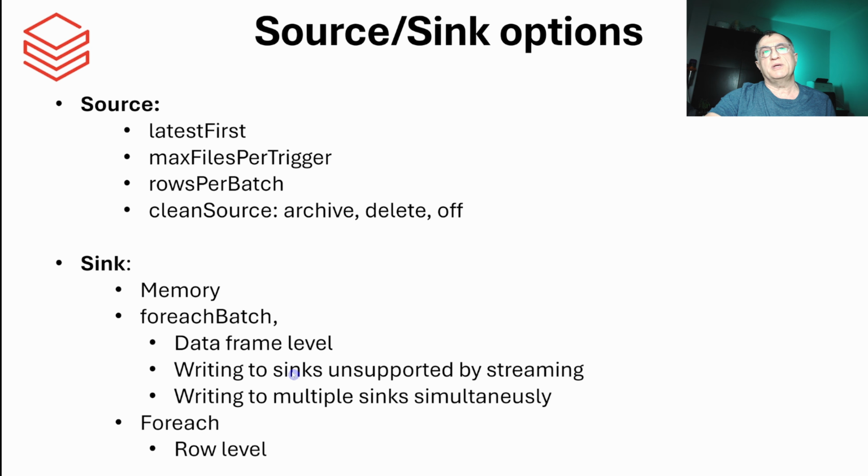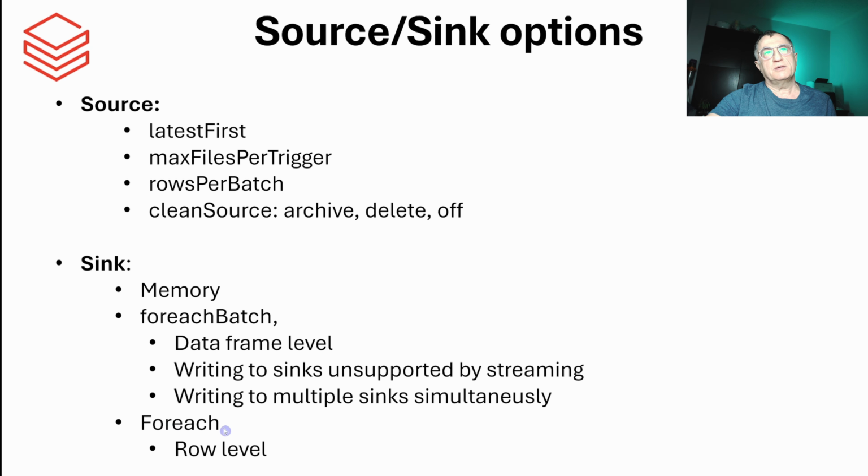Examples of this could be writing into sink types that are not supported by streaming. For example, you can write into a database from a foreachBatch function. Another good use case would be writing into multiple sinks simultaneously within the same microbatch.